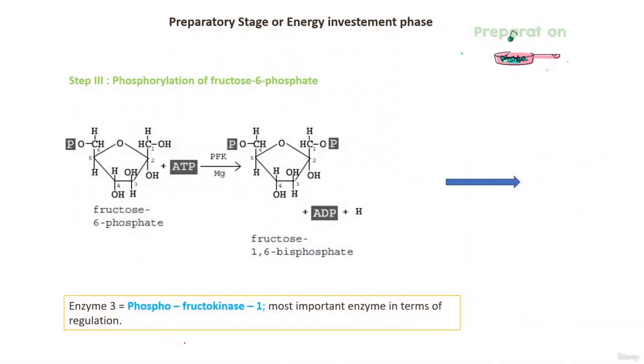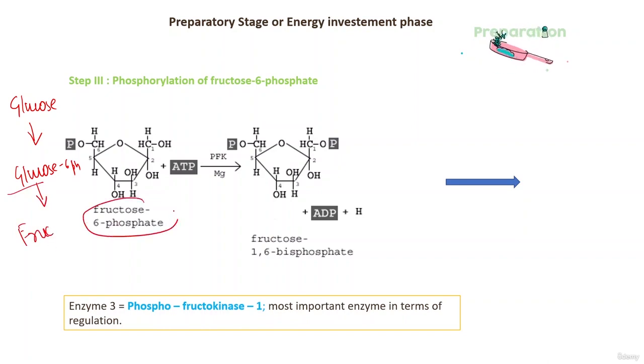The third step is phosphorylation of fructose 6 phosphate. So, to say again: glucose to glucose 6 phosphate, from glucose 6 phosphate to fructose 6 phosphate, and from fructose 6 phosphate we are producing fructose 1,6 bisphosphate.